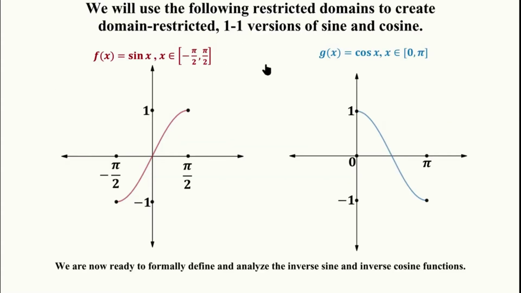First of all, notice that there are many different parts of the graphs of sine and cosine that we could have restricted ourselves to, but the most convenient ones were just the closest ones to the standard origin location. So the domain that we restrict ourselves to for sine in order for it to become 1-to-1 is just the zone between -π/2 and π/2.